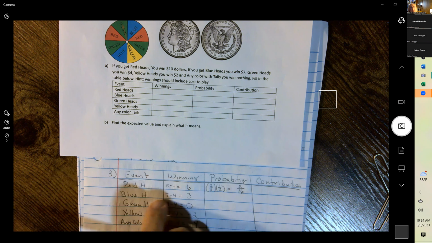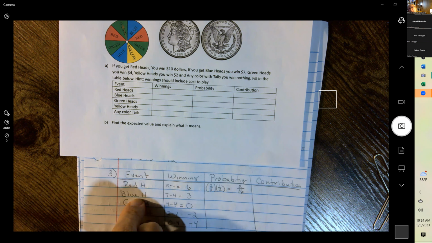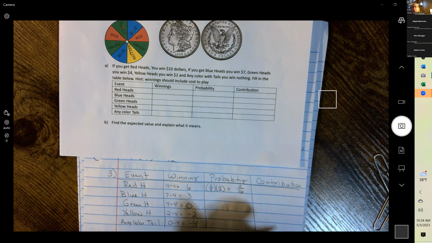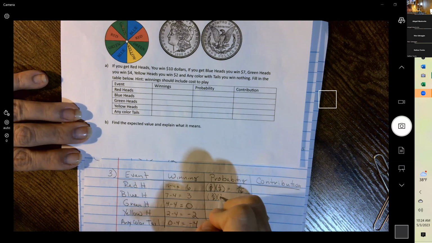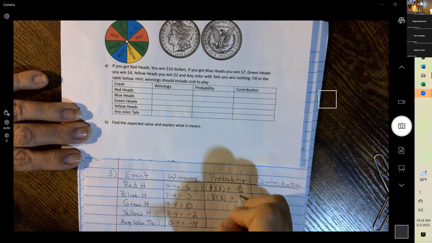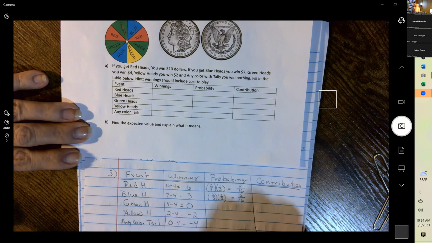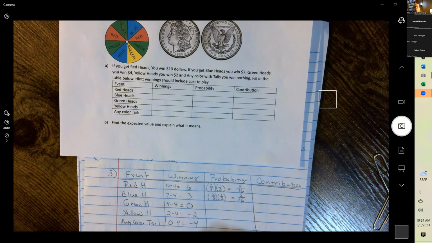Do the same thing with the blue. What's the probability of spinning a blue? Looks like there's 2, so 2 out of the 8. And a heads is a half. So for both of those I have 2/16 probability.